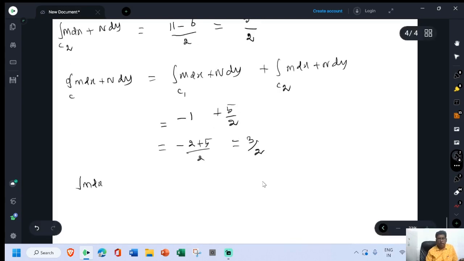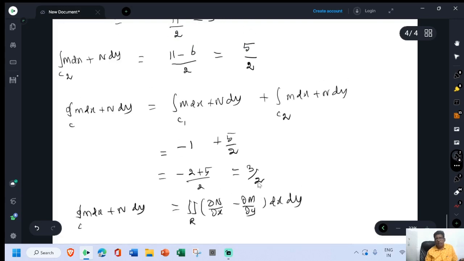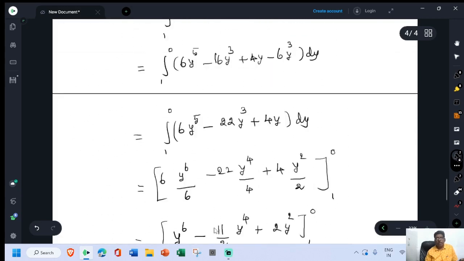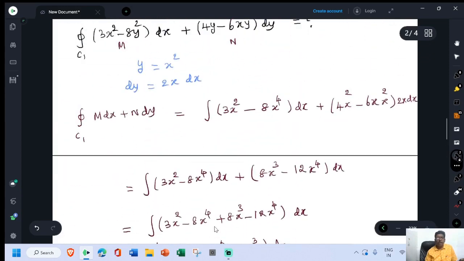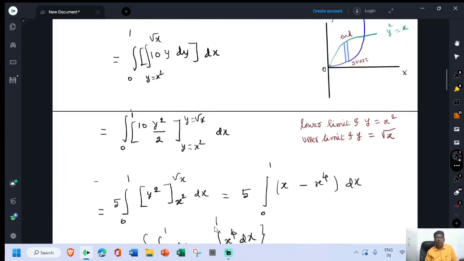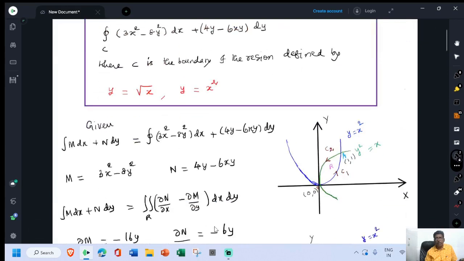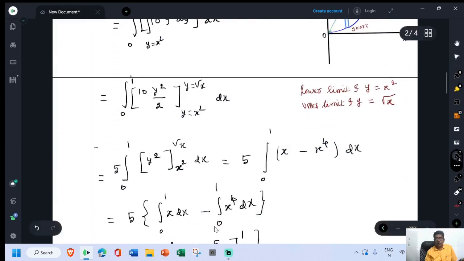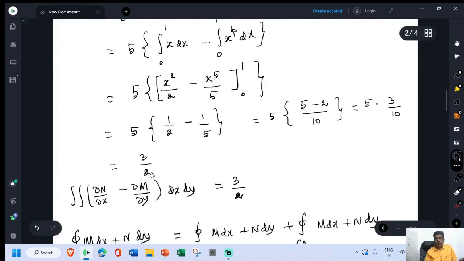We know that M dx plus N dy equal to double integral of dou N by dou x minus dou M by dou y into dx dy. This is for C, this is for R. For this problem, the integral of dou N by dou x minus dou M by dou y value is 3 by 2.